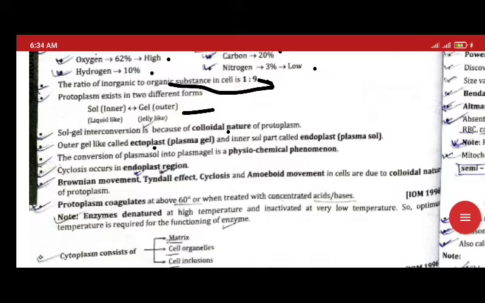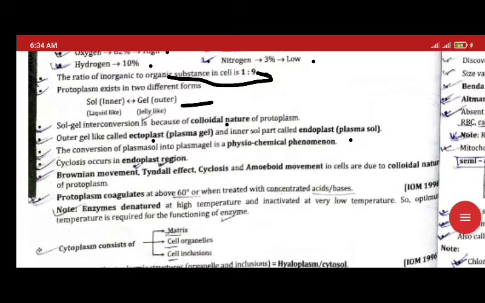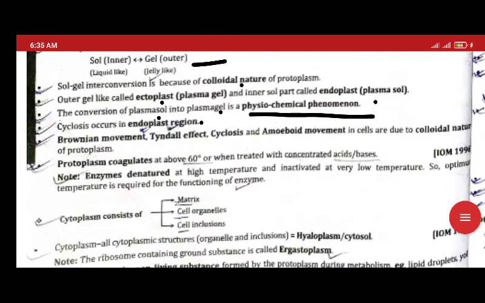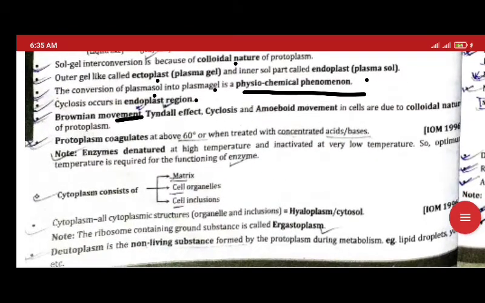The outer gel is ectoplasm or plasma gel, and the inner is endoplasm. The conversion of plasma sol into plasma gel is a physicochemical phenomenon. Also cyclosis occurs in the endoplasm region, the inner plasma sol. Brownian movement, Tyndall effect and cyclosis are all colloidal in nature of protoplasm.